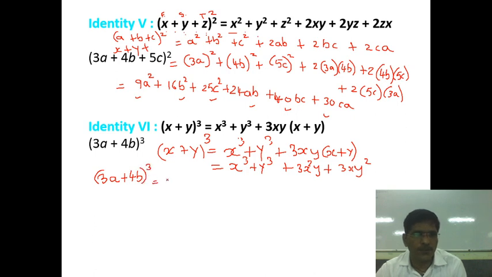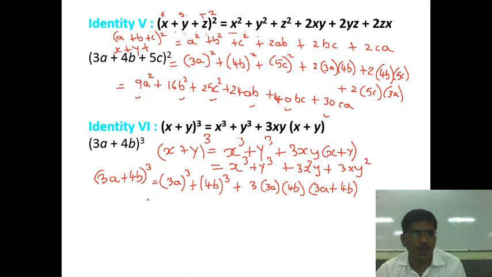So now (3a) whole cube plus (4b) whole cube plus 3 into x, that is 3a, y, that is 4b, and in the bracket x plus y, so (3a plus 4b).